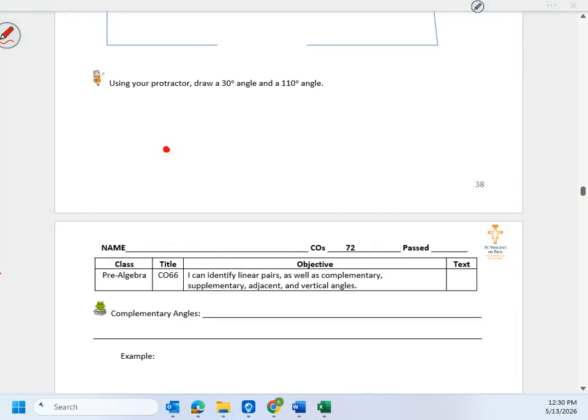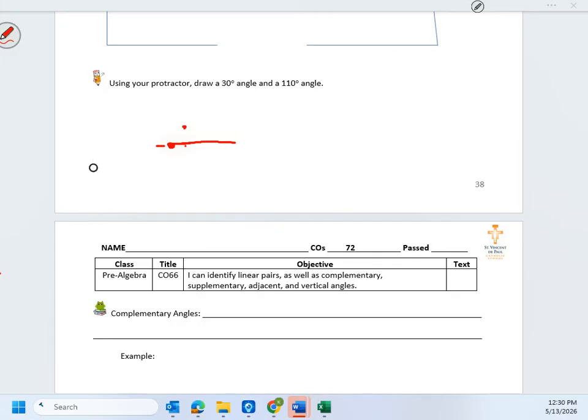First, give yourself a point. We're going to use that point as our vertex. Then you're going to use your protractor to draw that bottom line, so you get a straight line. It's a little difficult for me up here on the smartboard, so I'm going to use this as a ruler. Okay. So now that you have your bottom line, you've got your vertex, you're going to put your protractor, match up that hole with that line.